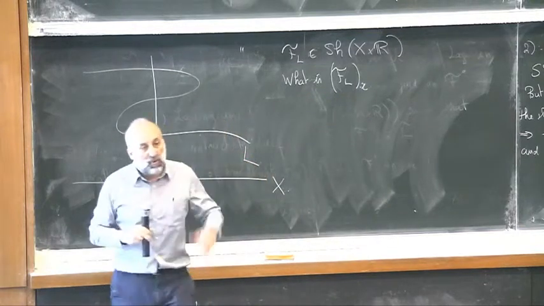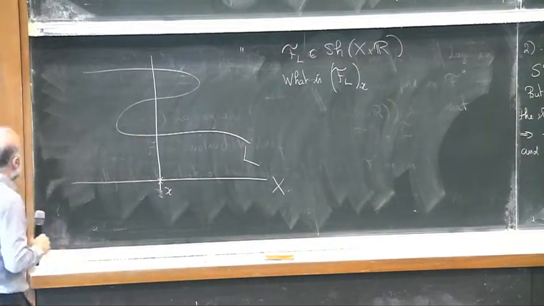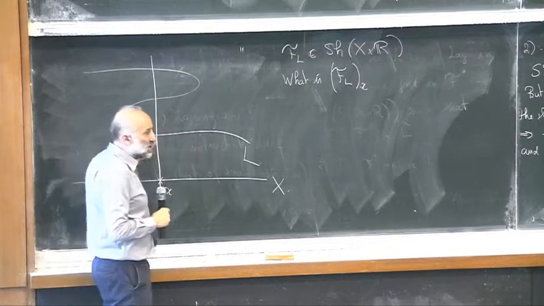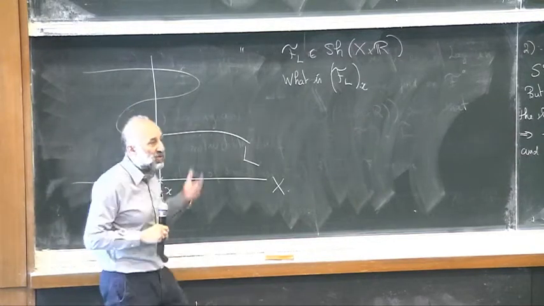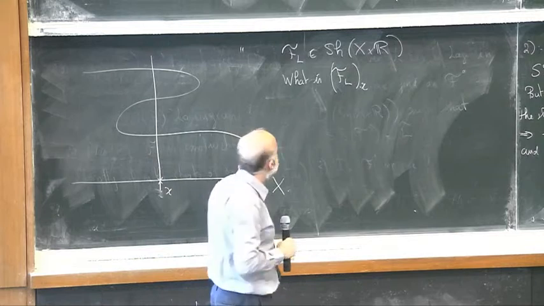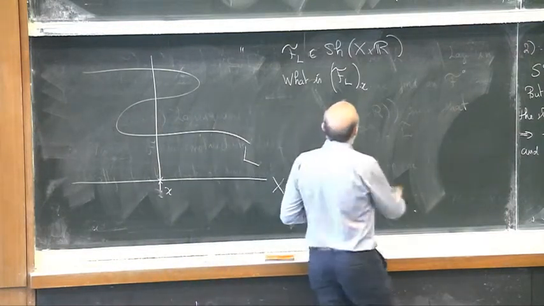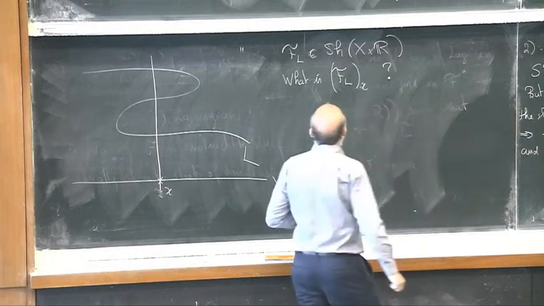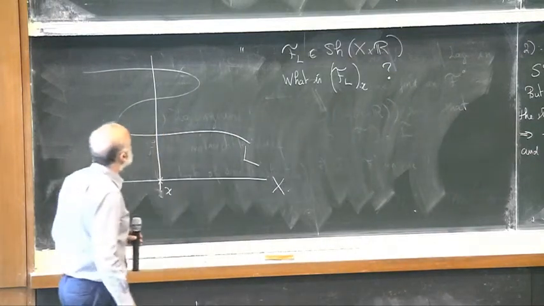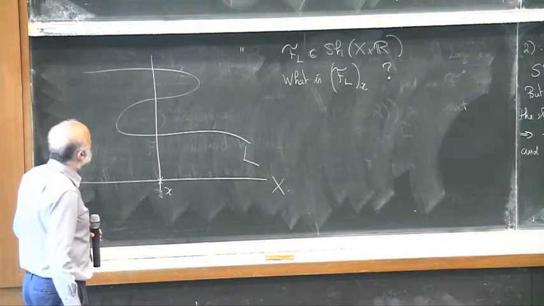And very often, if you know what the germ is over any point, and you know somehow what kind of continuity you should expect from the sections, then you can actually understand what the sheaf itself is. So the question is, what is this germ here?